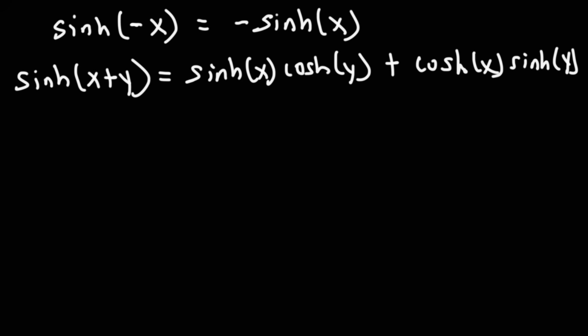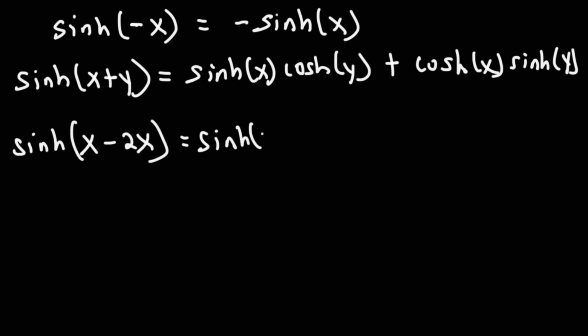Now, in order to get negative x, what should x and y be? Well, we want x at the very end, so we should keep x as x. Y, we want to make that negative 2x, because x minus 2x will give us negative x. So all we're going to do is replace y with negative 2x wherever we see it.